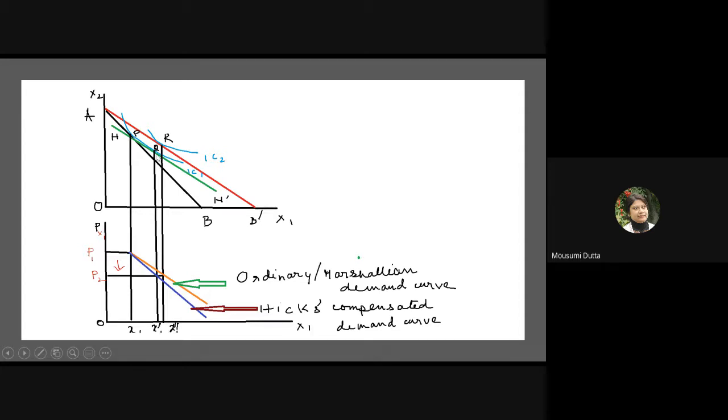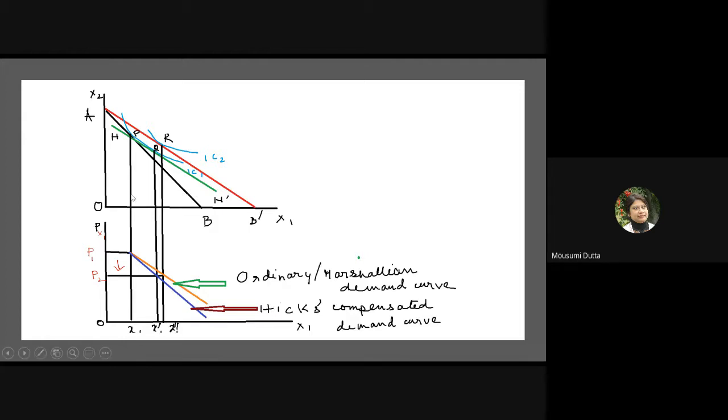And when again we are moving from Q to R, because of income effect, in that case also demand is increasing further. So both by substitution effect and income effect, quantity demanded increases when there is a reduction in price of X1.